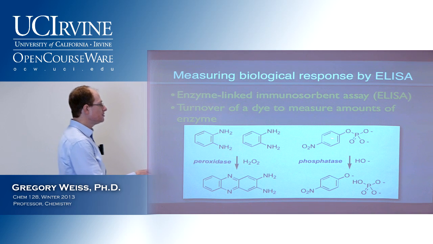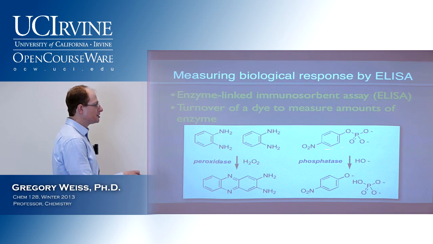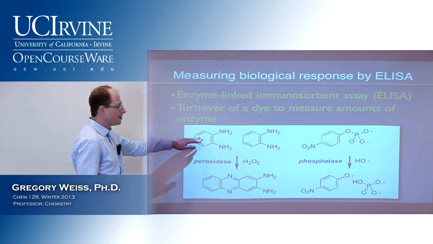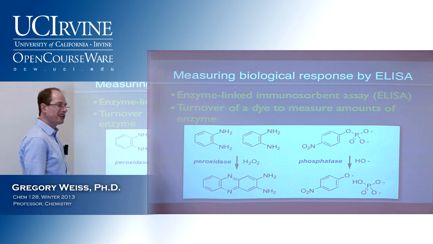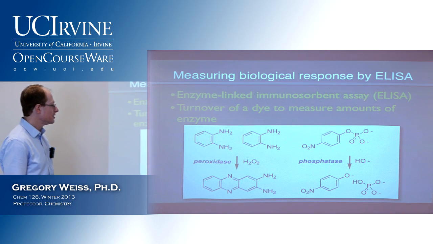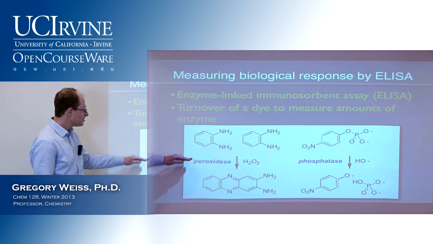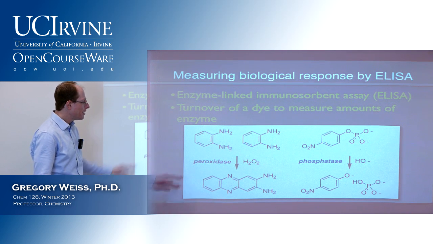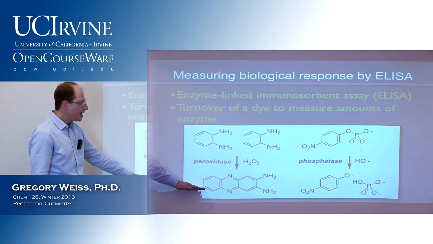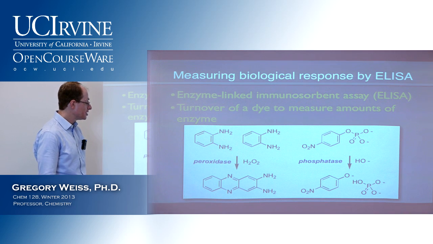Here are two aromatic molecules up here. These are clear. If you made a solution of these, it would look more or less clear, maybe a little yellow. However, after these two enzymes catalyze these reactions, you get a dye with a deep, very strong color.